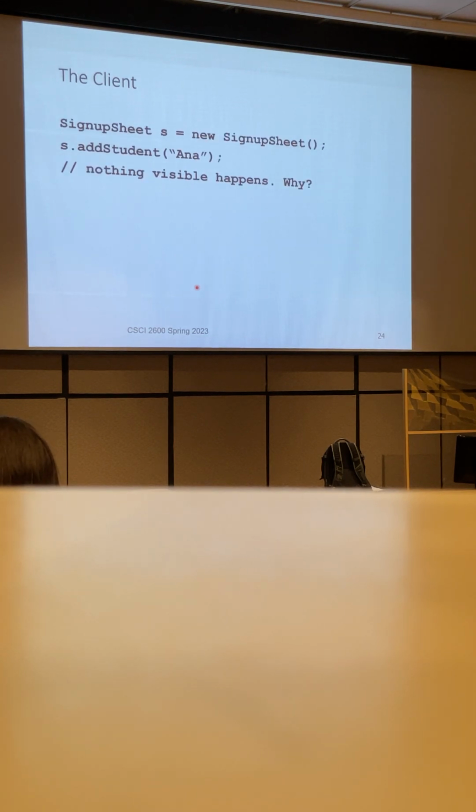All right, so now if we have this code, we make a new sign-up sheet, and then we add a student to this sign-up sheet, which is our model. So what happens? Nothing happens. Why? Because you're not supposed to see anything.